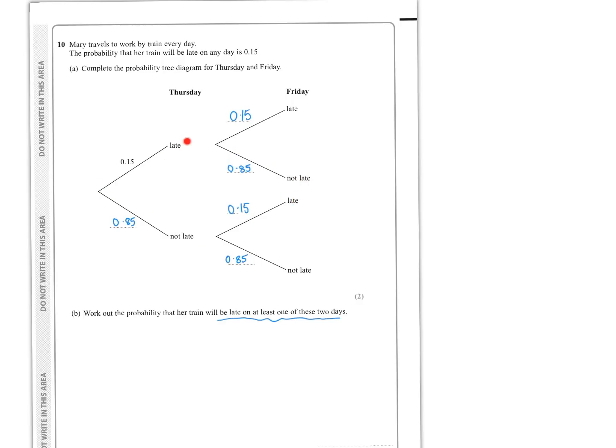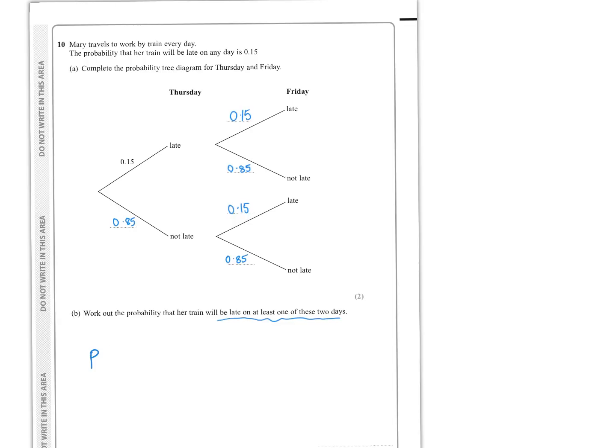So even if it's late twice, that's still at least once. So what I'm going to do is work out the probability of not being late on both days and take that away from 1, and that will automatically give me what I need in one go. It just saves time doing all of these 3 when you can just do 1 minus this outcome here.